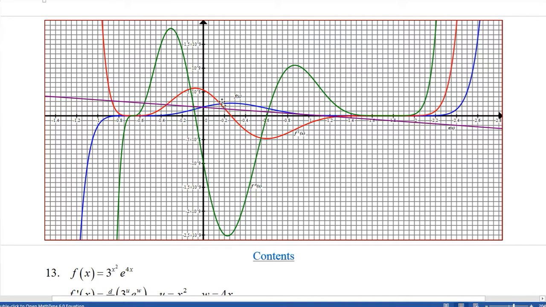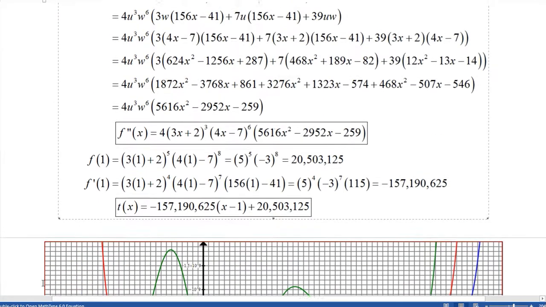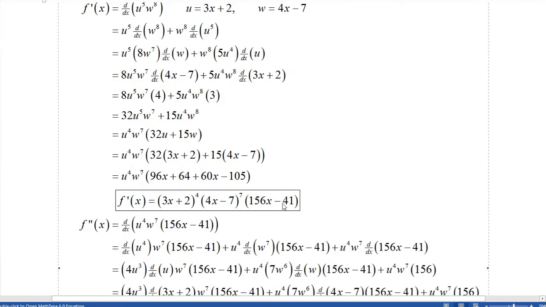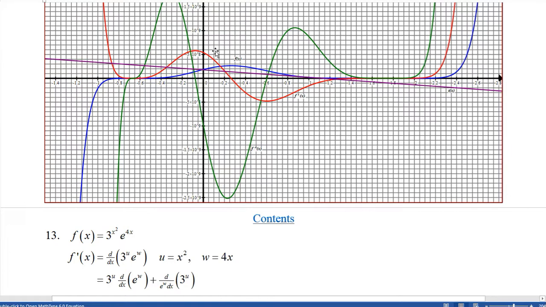So this function is increasing all this time where the derivative is positive, up until this point right here, which by the way is whenever the first derivative is 0, so 41/156. So 41/156 is this place where the derivative crosses the x-axis. That's going to be the x value of the local maximum right there on the original function.